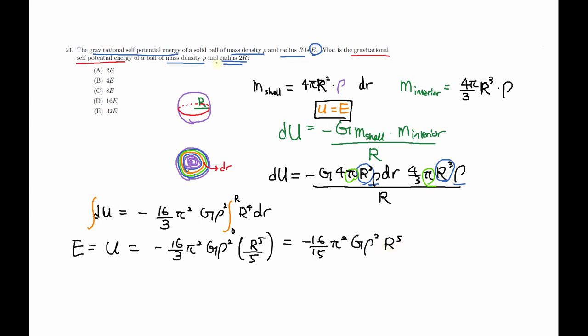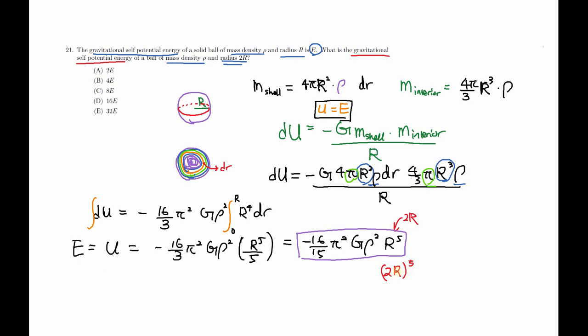So now let's go back to our question. It said our radius now is twice as large. If we have E equal to this, let's now plug 2r into where the r is. You have to make it 2 to the fifth power, but our rho is still the same.